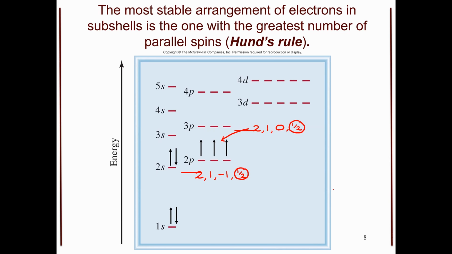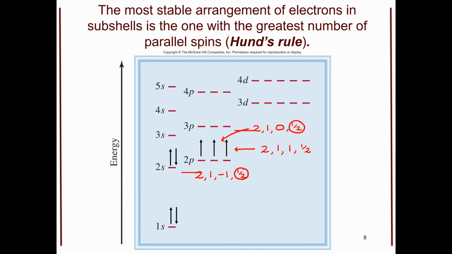If I add my third electron in, won't you agree that this one should now be 2, 1, and now what is the only remaining possibility of my quantum number for the third position? I've used -1, I've used 0, so now this must be +1, and this must also be 1/2. This is the explanation of Hund's rule.